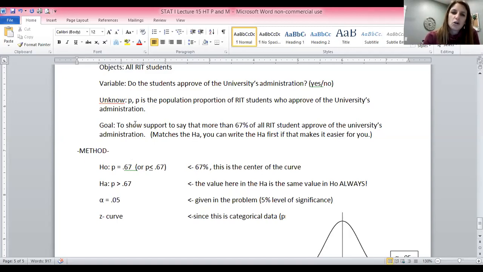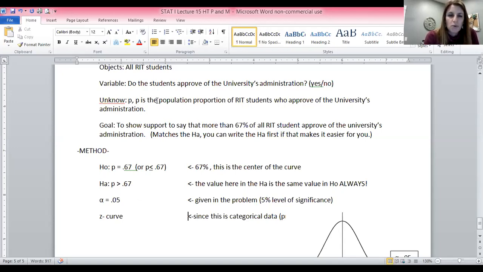My goal is to show support to say that more than 67%, so I'm reading it right from here, or more than 0.67, 67% just reads nicer, of all RIT students approve of the university's admin. So what happens is I'm taking P and I'm replacing it with how I defined it, with words.